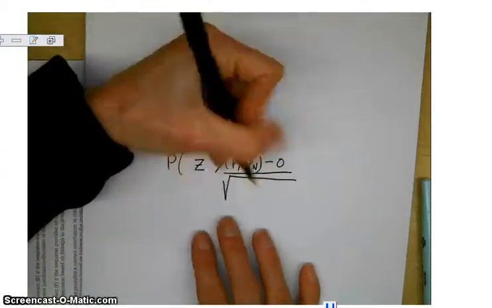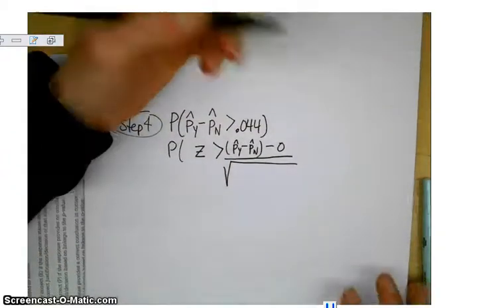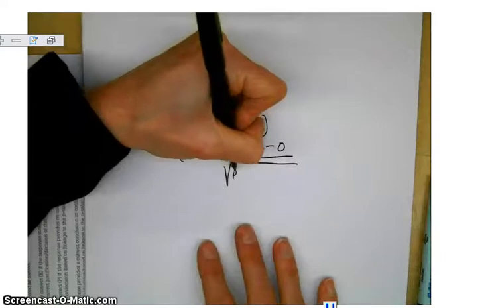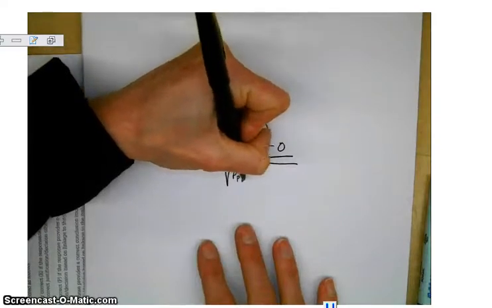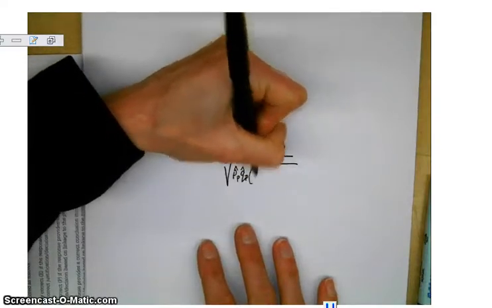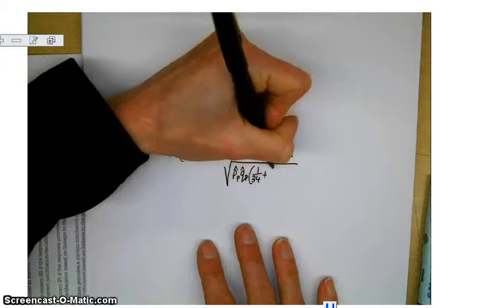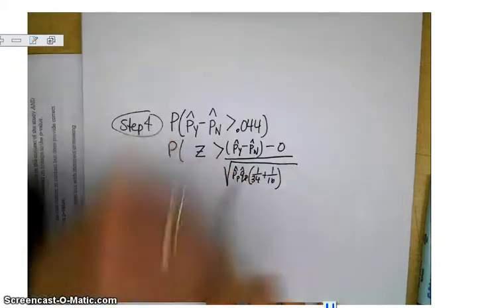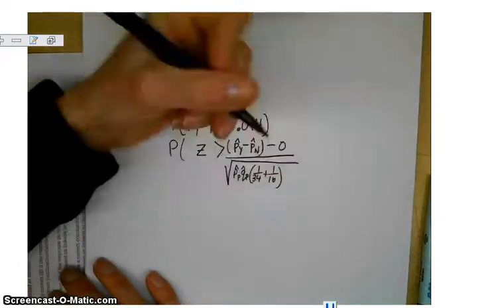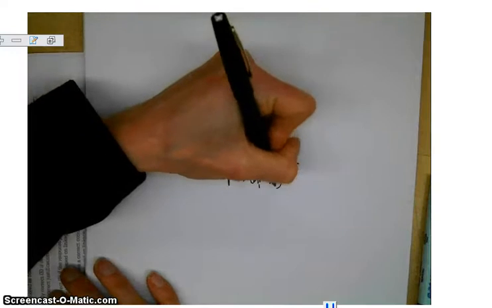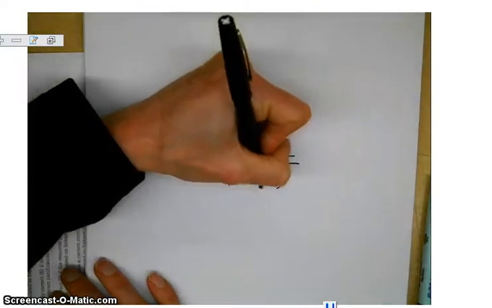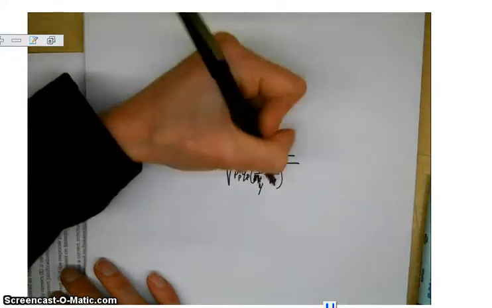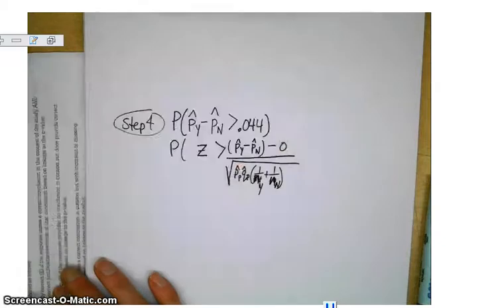You could put the numbers in here, but you really don't have to. You'd write p hat pooled times q hat pooled times 1 over n1 plus 1 over n2, the yawn seed and the not yawn seed.